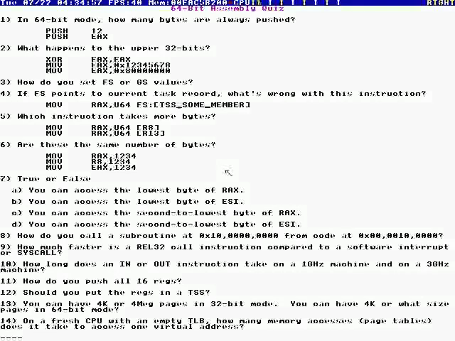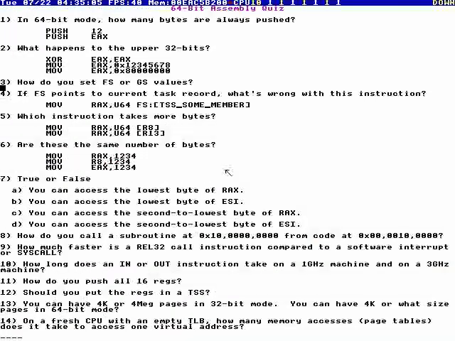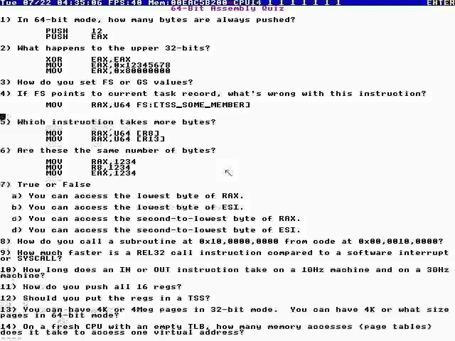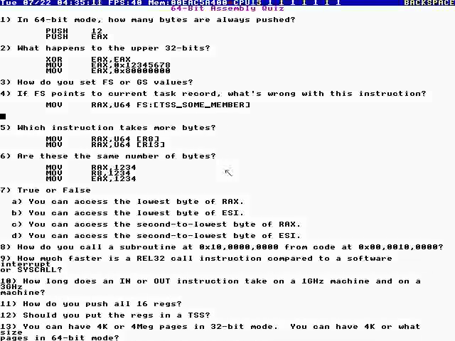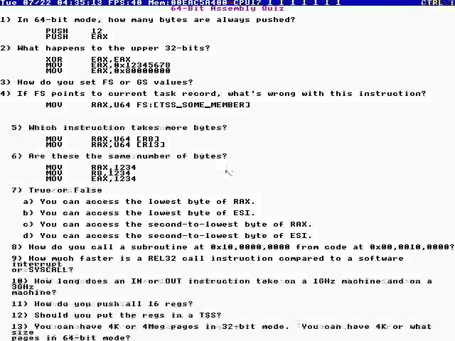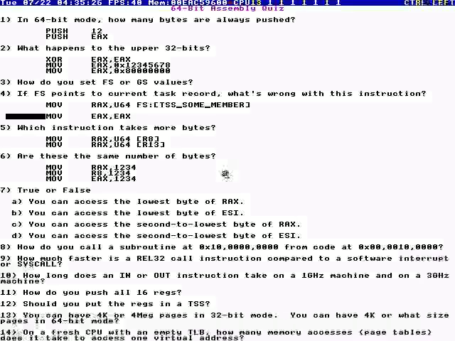So what I have to do is, when I want to read, here's what I do.